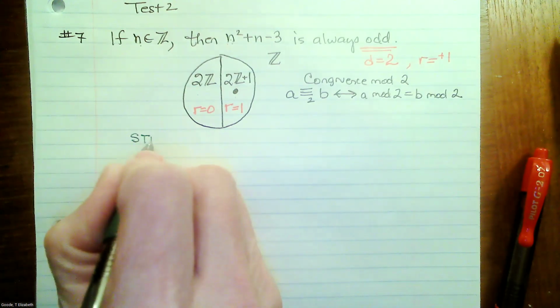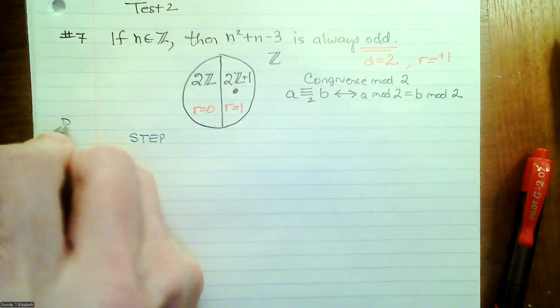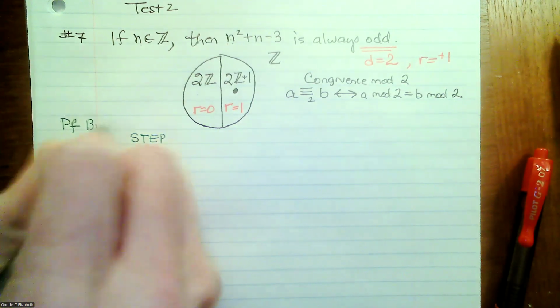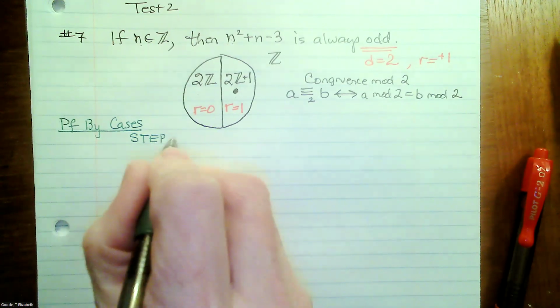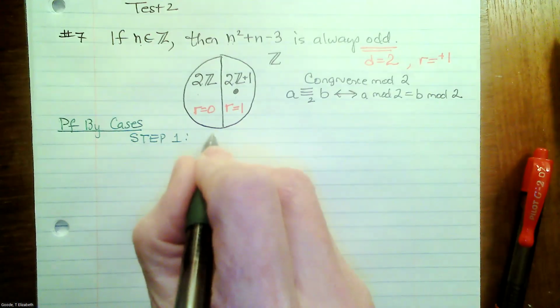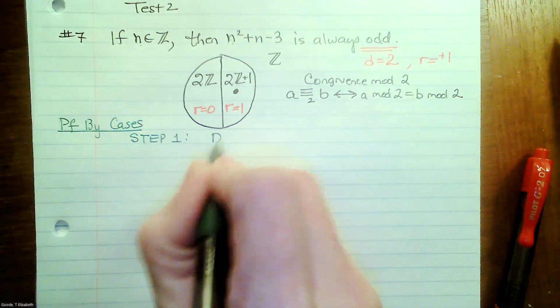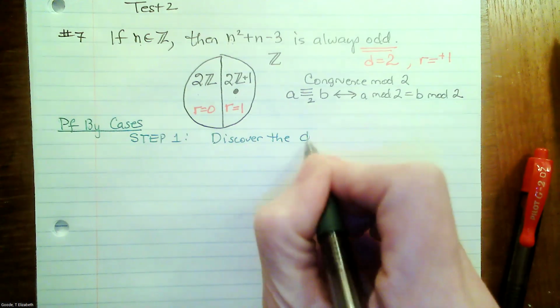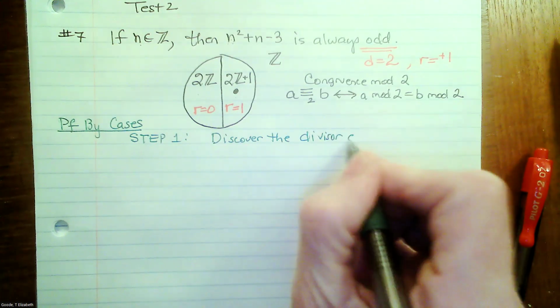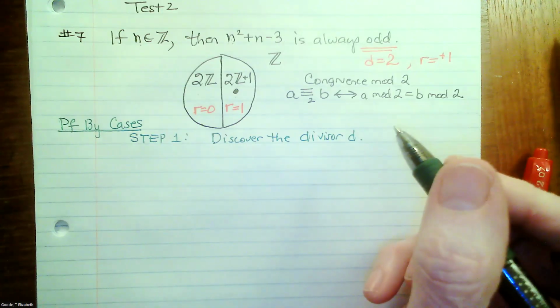So remember, when we're doing proof by cases, we have a couple of steps that we want to execute. Step 1, discover the divisor D. Where do we look to find D?